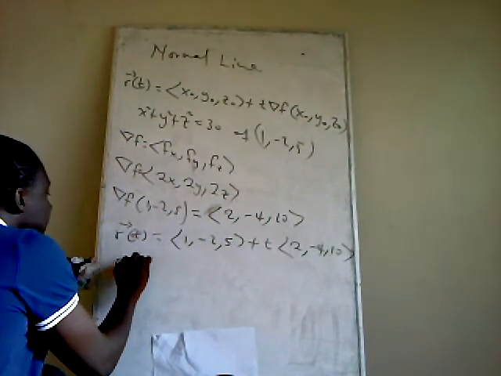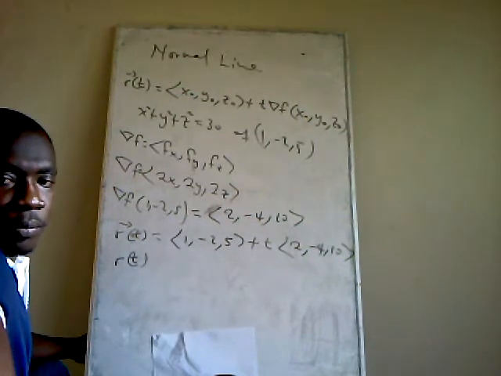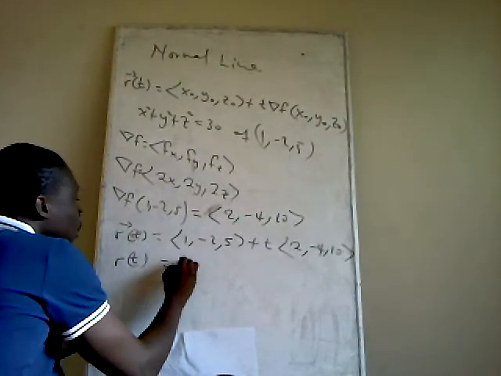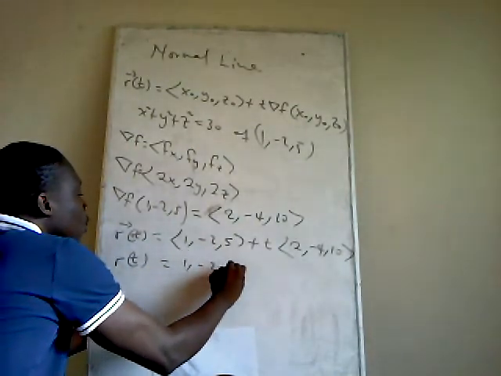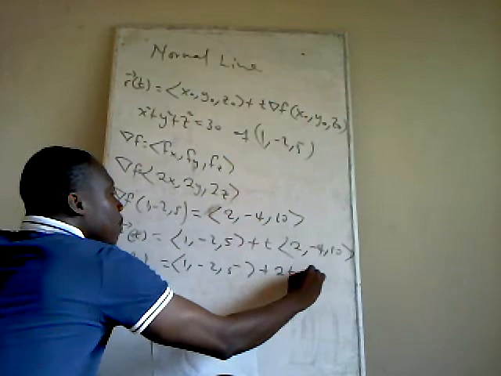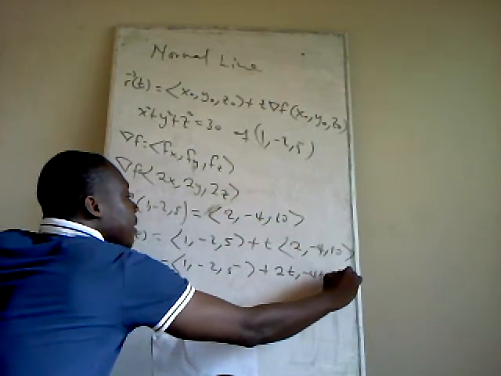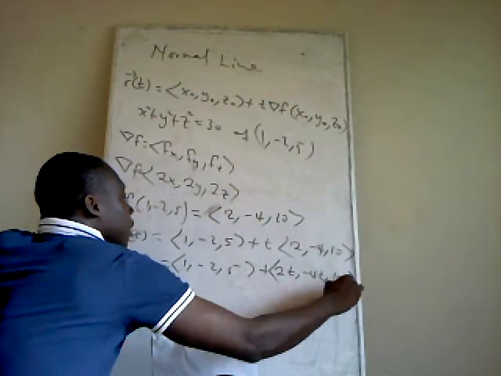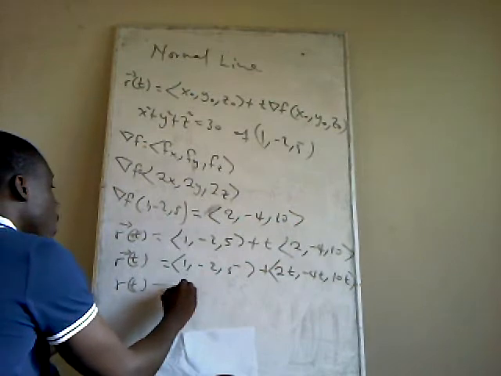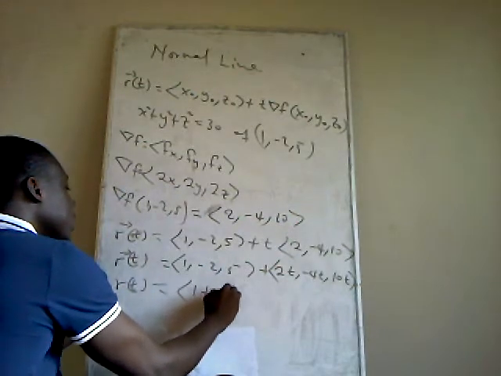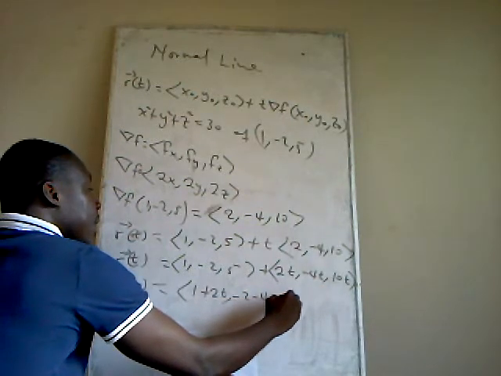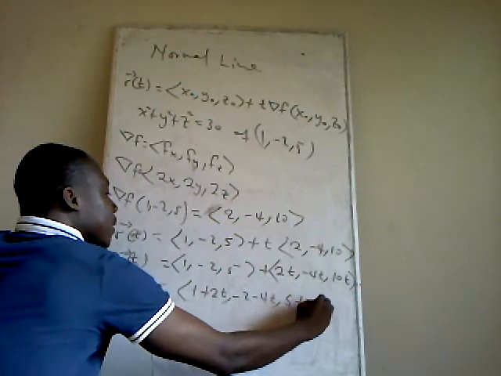R of t is equal to 1, minus 2, 5 plus 2t, minus 4t and 10t. It's a vector, so I can add them. So I write r of t is equal to 1 plus 2t, minus 2 minus 4t, and 5 plus 10t.